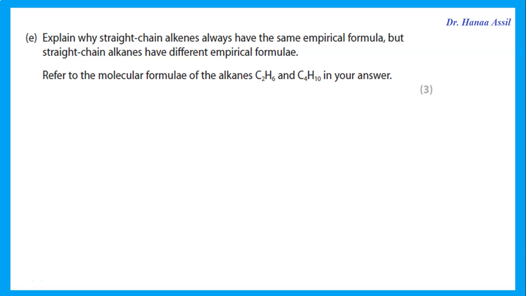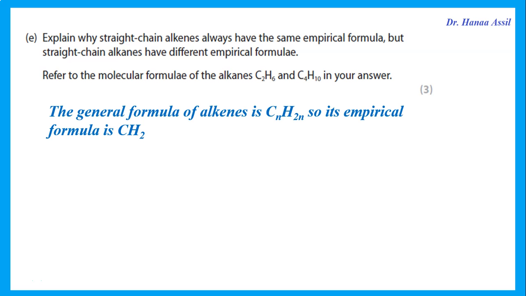You should know that empirical formula is the formula showing the simplest ratio. Molecular formula shows the actual ratio. So if we're talking about alkene, you should know that alkenes, general formula CnH2n, so the number of hydrogens is always twice the number of carbons, so its empirical formula is CH2.